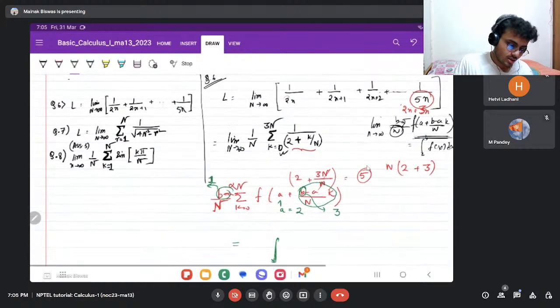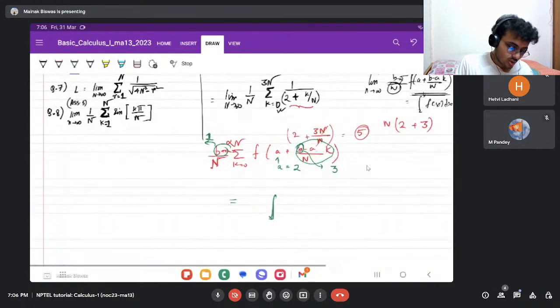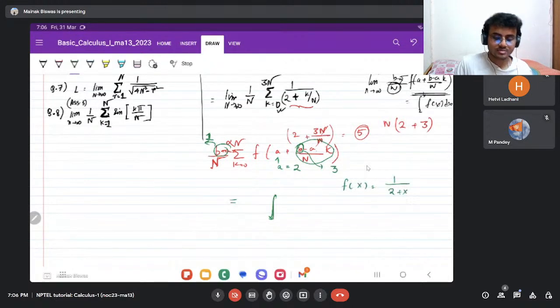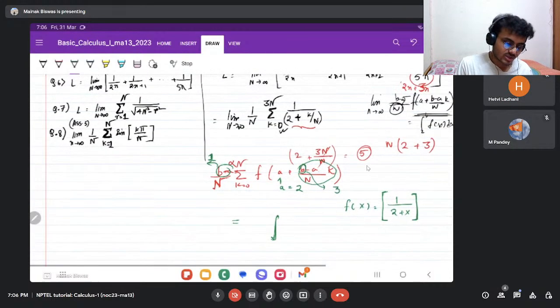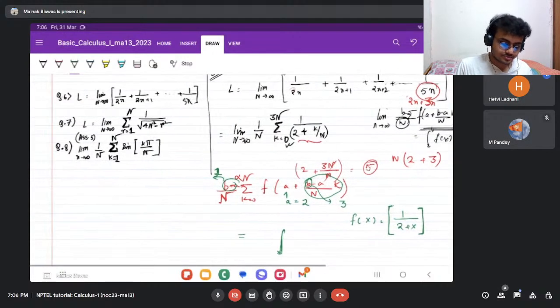So are we all correct? b minus a, 2 plus, yeah, correct. So your sum, your integral, what is f of x now? f of x can be written as 1 by 2 plus x, right? One by 2 plus x. Are you with me? Yes, sir.